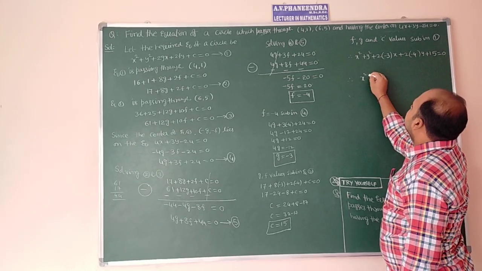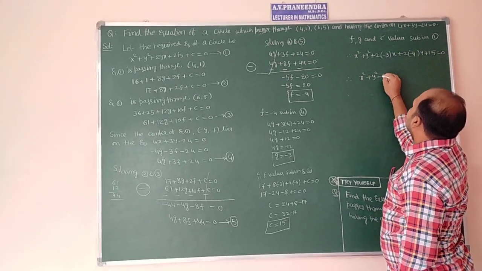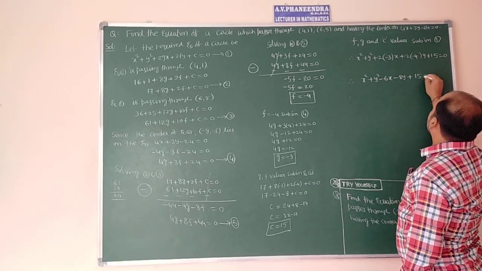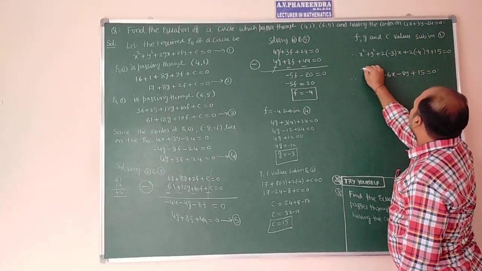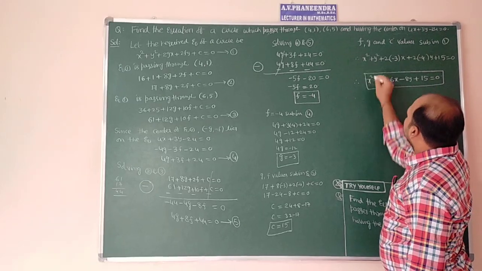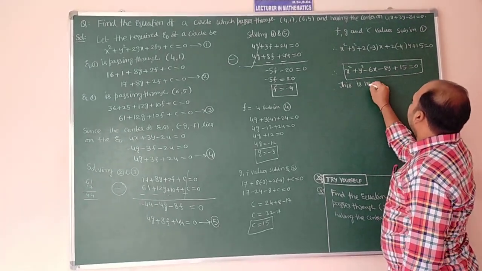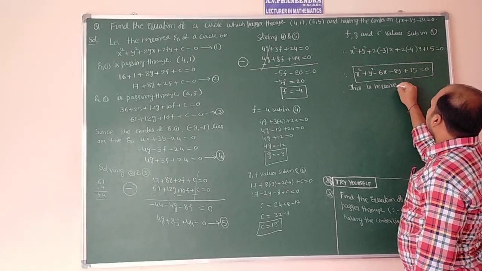Therefore, x square plus y square minus 6x minus 8y plus 15 equal to 0, which is the required equation of circle.